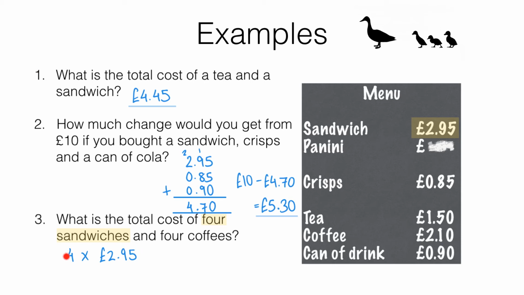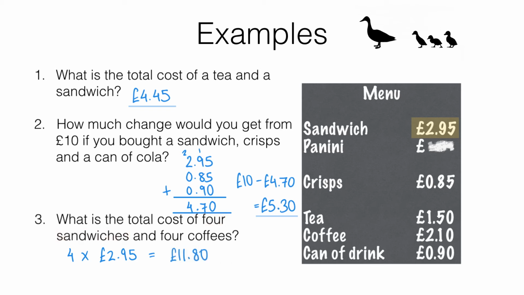So I can calculate this in my head by working out 4 times £3, which is £12, and then I need to subtract 4 lots of 5 pence, because this is 5 pence less than £3. 4 lots of 5 pence is 20 pence. So what's £12 minus 20 pence? That's £11.80. So that's the cost of 4 sandwiches.